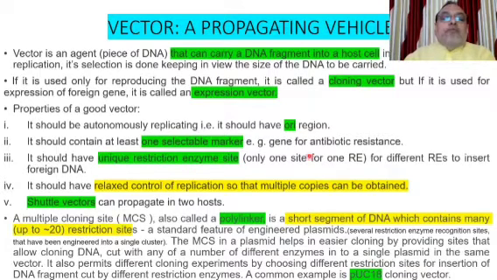So we shall see what the important characteristics of pUC18 are in our later slides. So here we have some important characteristics of the vectors. They should have a site of origin so that they could multiply. They should have selectable markers so that the transformed cells, that is the organisms which have got the characteristics of the integrated foreign DNA, could be easily identified from the other normal organisms.